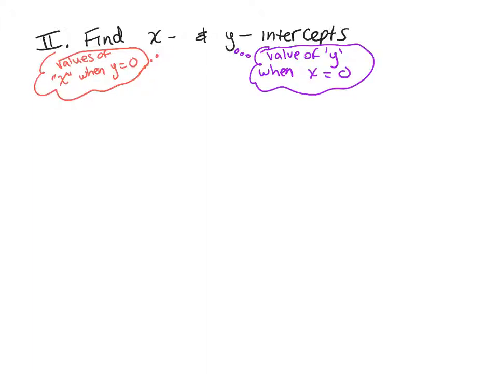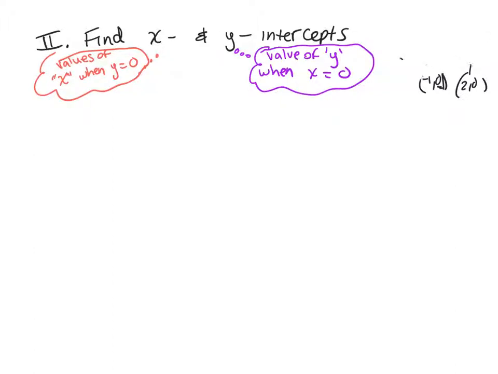If you forgot the reason why, it's because if I cross the x-axis here, I am an x-intercept. All of those points are x-intercepts. And every single value of y is equal to 0. This could be 1, 0. This is 2, 0, 3, 0. The ones to the left are negative 1, 0, negative 2, 0, and so on. The x value is a number, and the y value is equal to 0.